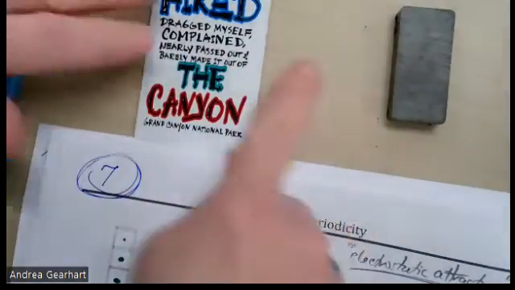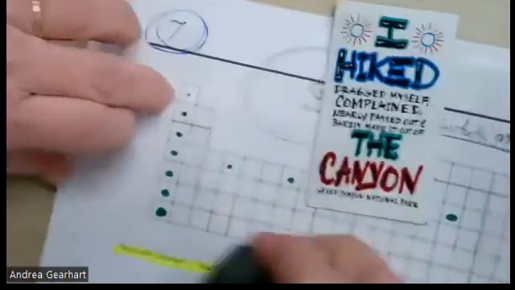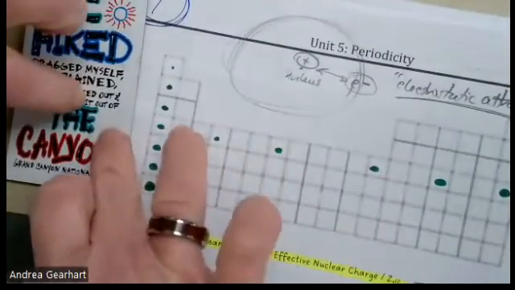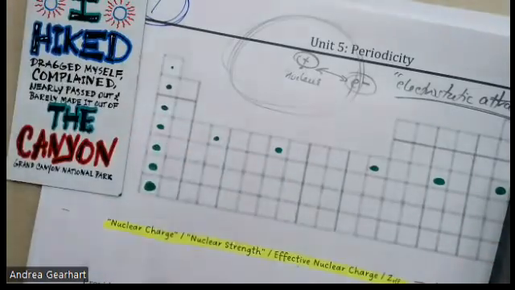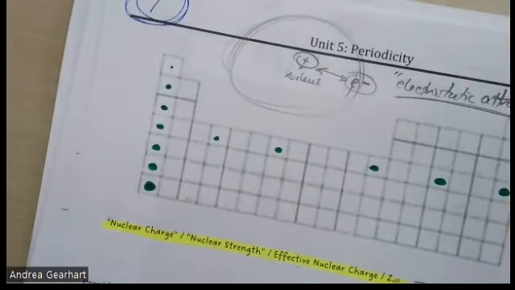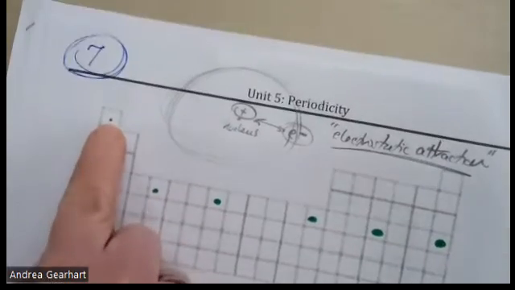Now they're magnets, but that's what I'm talking about as far as the strength of nuclear pull at the top versus the bottom, and then at the far left versus the right. If we think of it as a magnet, we're getting more and more powerful.